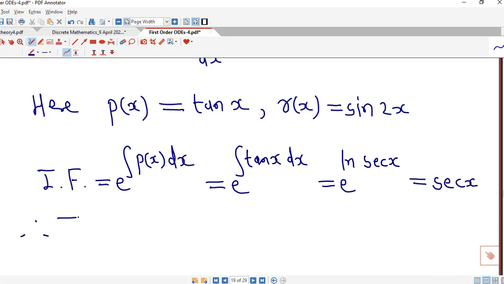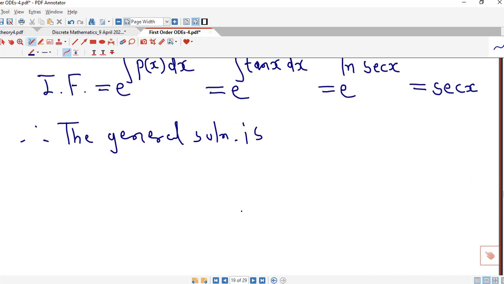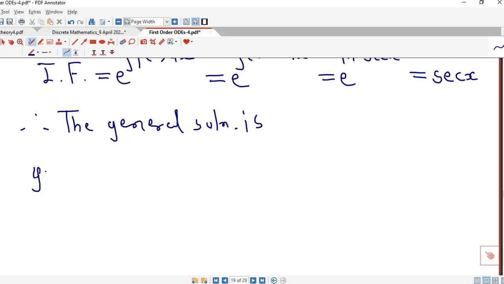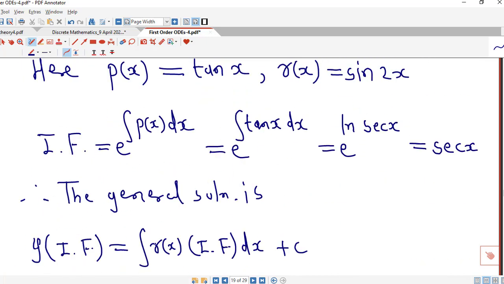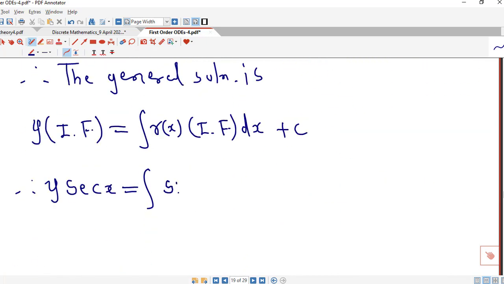So therefore the general solution is y times integrating factor equal to integral of R(x) times integrating factor dx plus c. Therefore, the integrating factor is sec x, and the right hand side R(x) is sin 2x into sec x dx plus c.